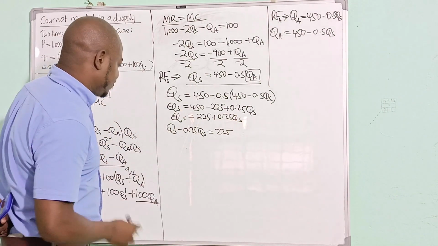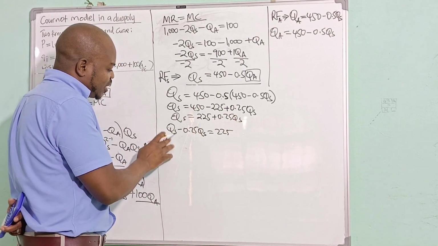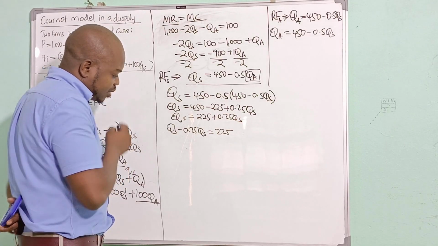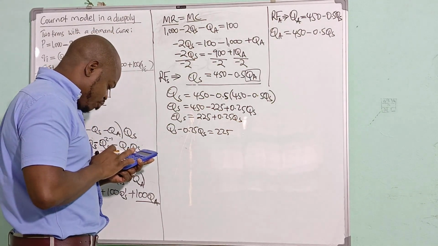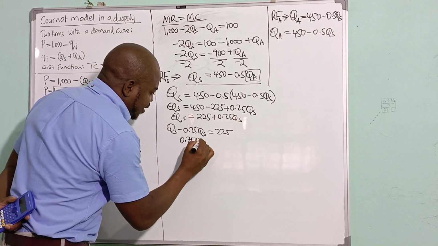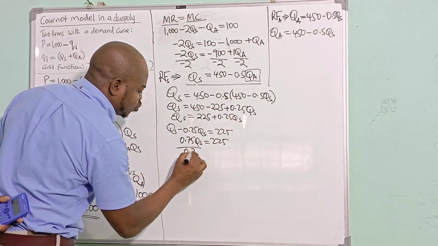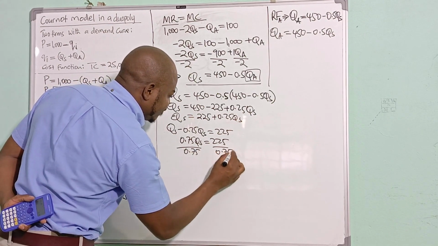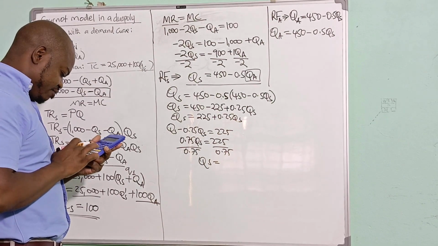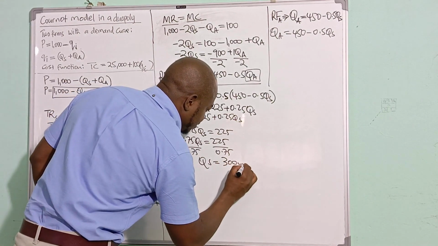So 1 minus 0.25 gives us 0.75. So I have 0.75 QS is equal to 225. We are solving for QS, so I'll divide both sides by 0.75, and my QS will be 225 divided by 0.75. It's giving me 300 units.